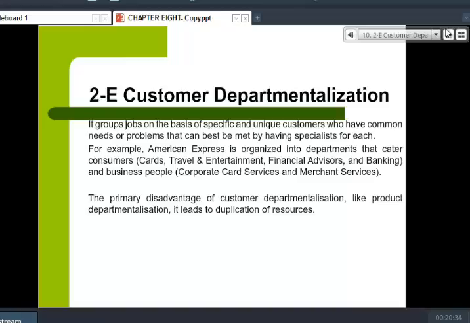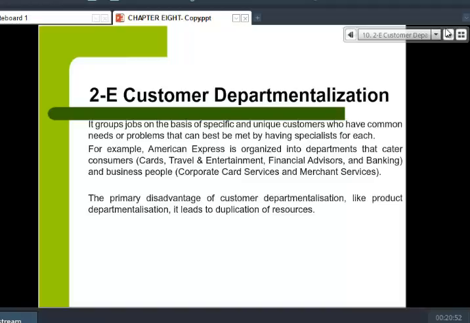It's the same if you go to any bank, you will see that they have a visa department, a consulting department, a loan department, a financial advisor department. So they are varied according to the needs of customers.